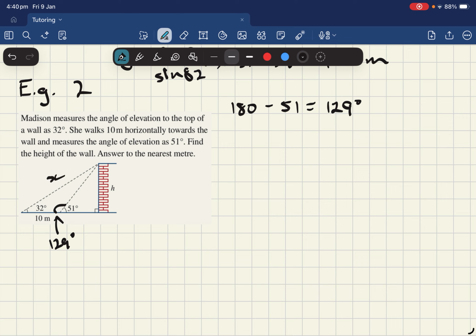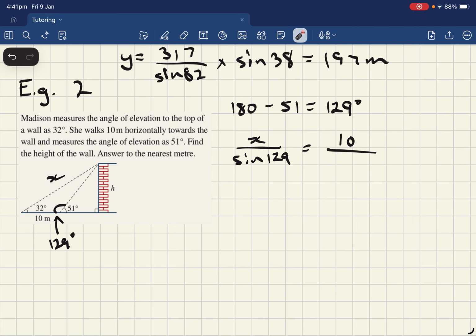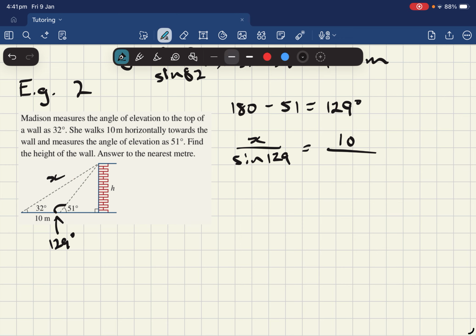So we can use our sine rule. We can say x over the sine of the angle opposite it, which is 129 degrees, equals 10. Now, we have to pause here because we can't actually use sine rule yet. We have our side, but we don't have the angle opposite it. We need this angle in here. To find that one, we remember the angle sum of a triangle is 180 degrees.